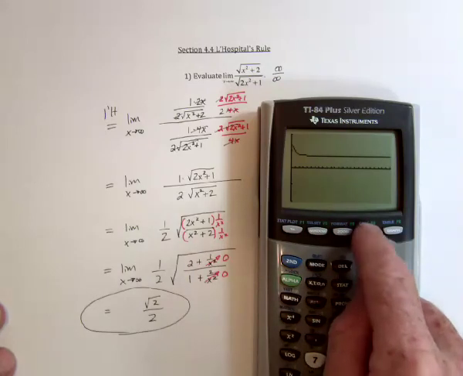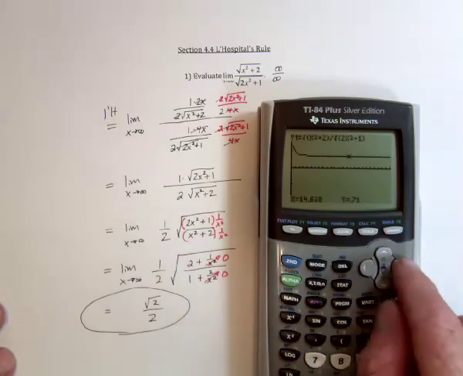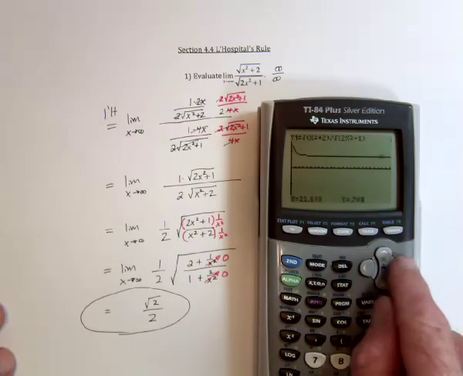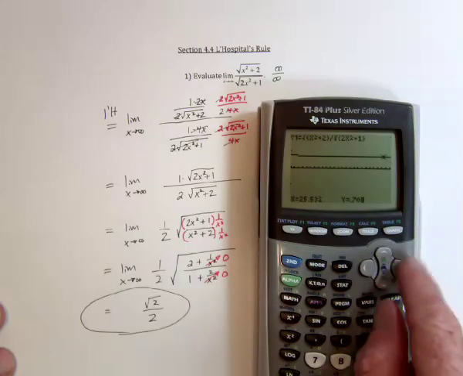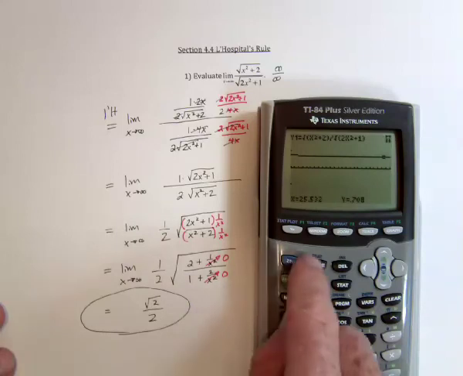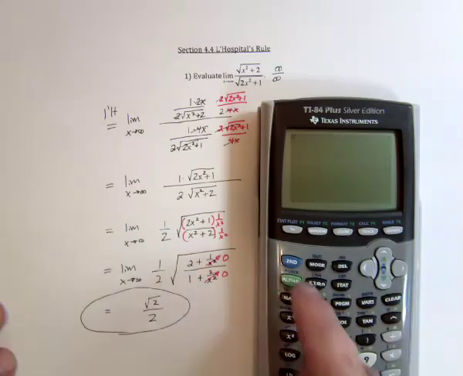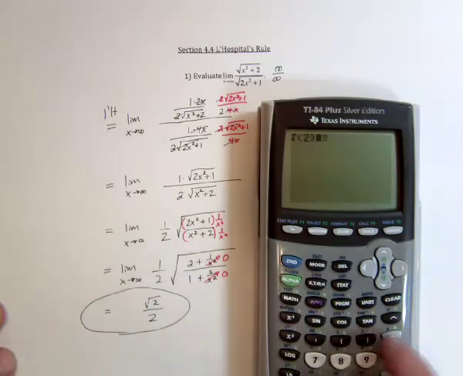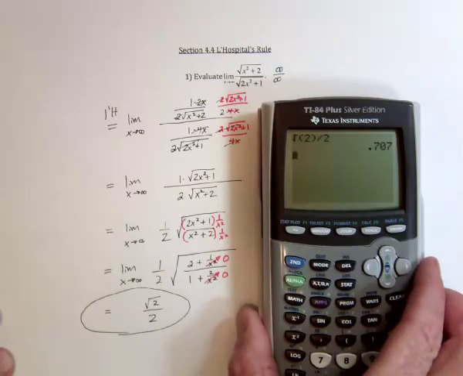And the next thing is trace and see where it leveled off. It seems to have leveled off at 0.709 or 0.708. Okay, so just remember 0.708. Then the square root of 2 divided by 2, is that anything close to 0.708? 0.707. So that is the actual limit.